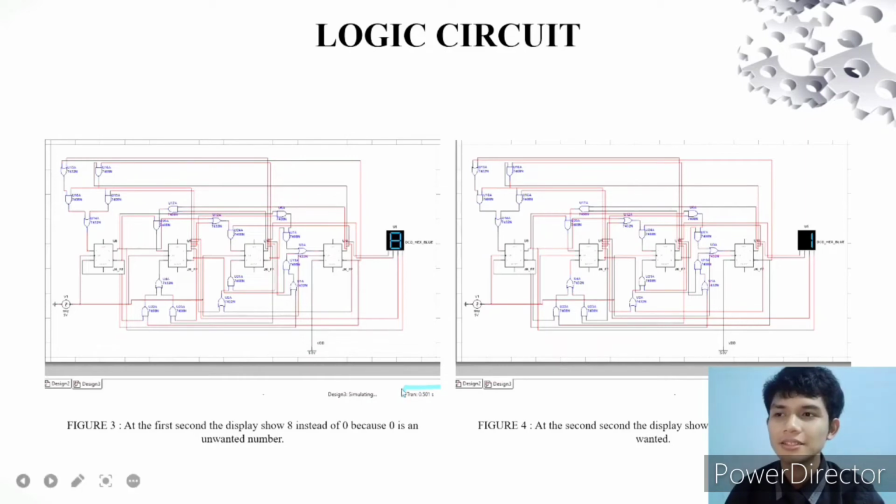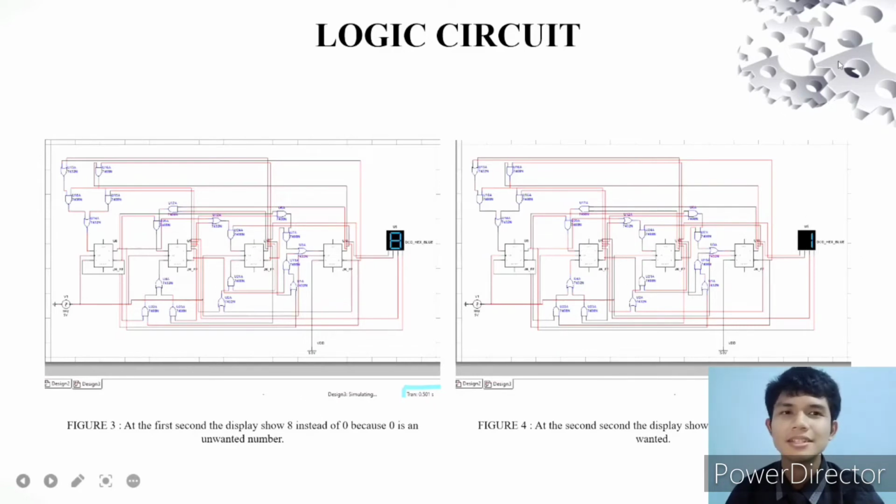As you can see at the timer below, at the first second it shows 8, which is 2 since 0 is an unwanted number, and it will change to 8. And on the right, at the second second it shows 1 since we want 1 in our project.